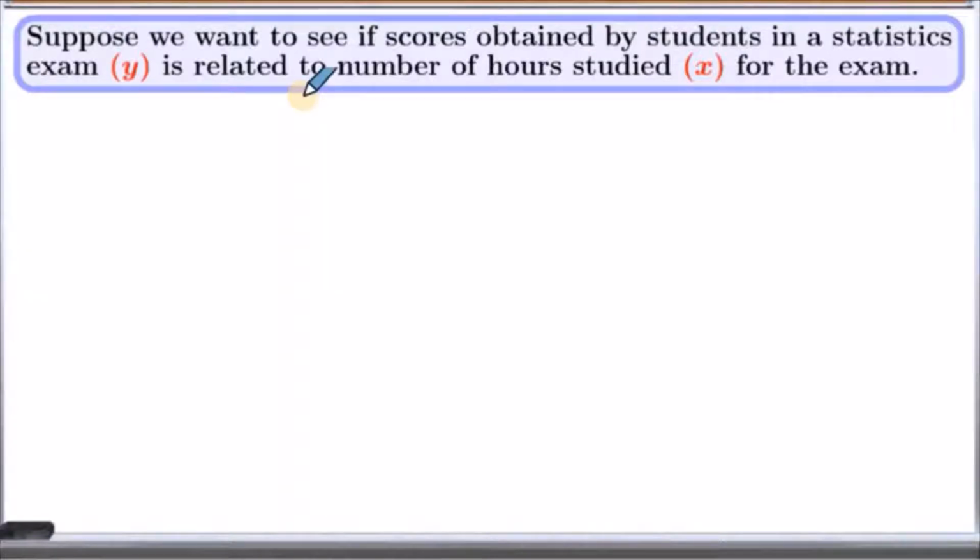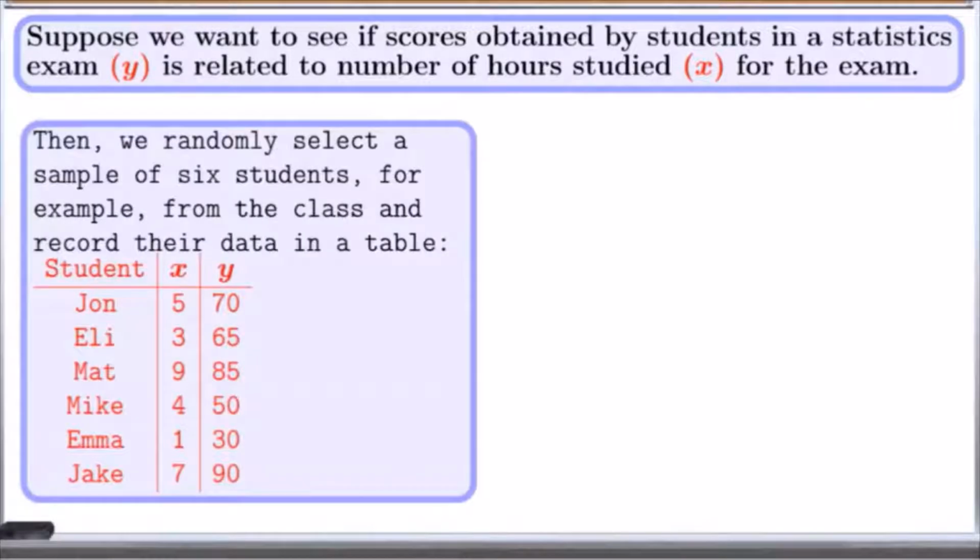In this video, I am going to talk about correlation using an example. Let's look at this example here. Suppose we want to see if the scores obtained by students in a statistics exam is related to number of hours studied for the exam. Then we randomly select a sample of 6 students, for example, from the class and record their data in a table.